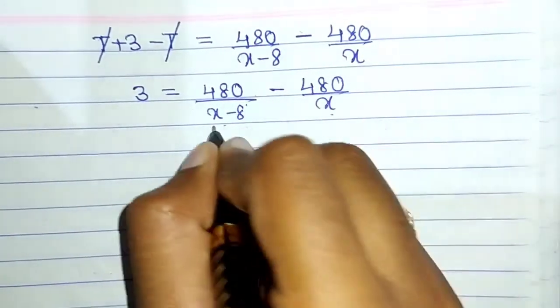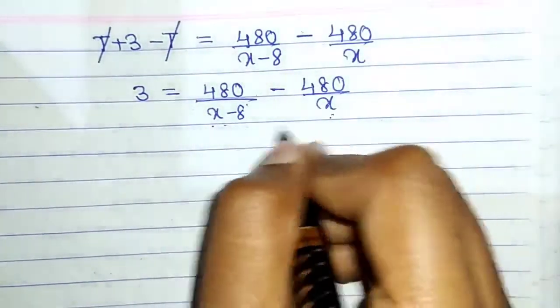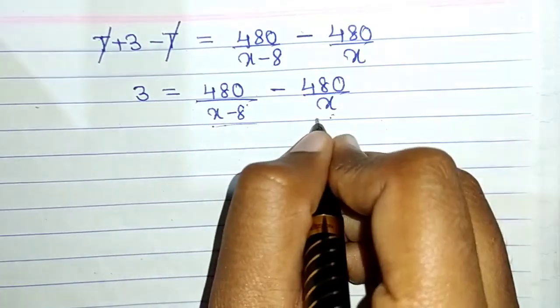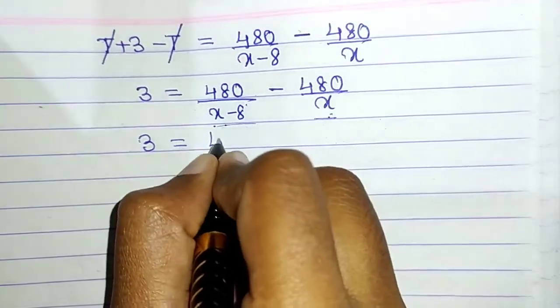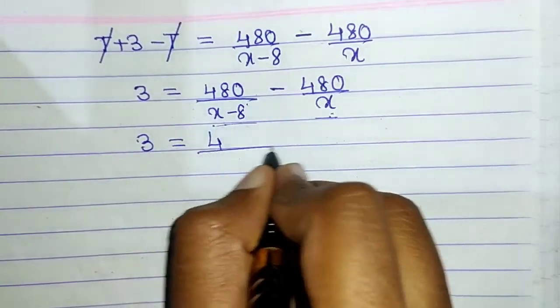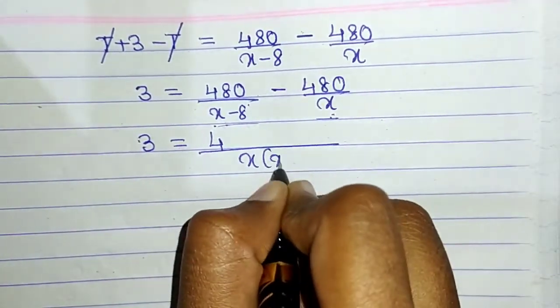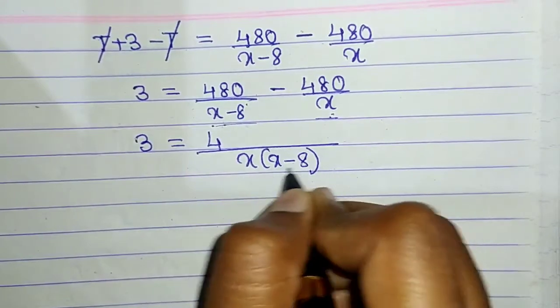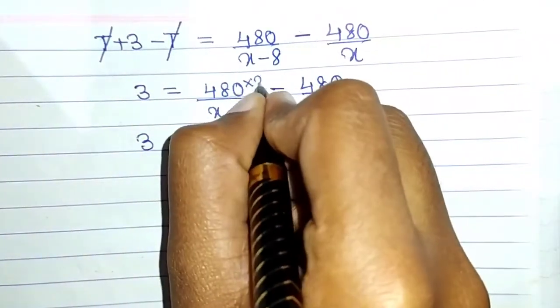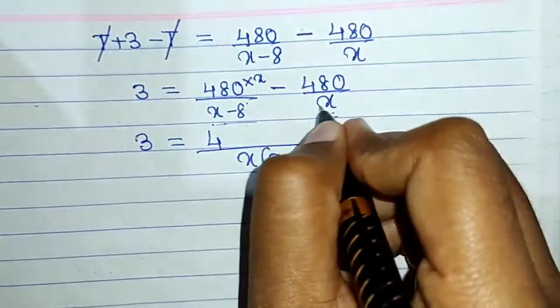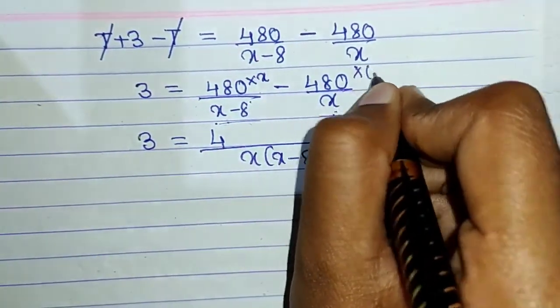Since the denominators are different, to subtract we need to take their LCM. Since both of them are different, we will directly multiply them. So 3 is equal to, here the denominator will be x into x minus 8, after taking LCM. What is left is x minus 8 into x, and here x.